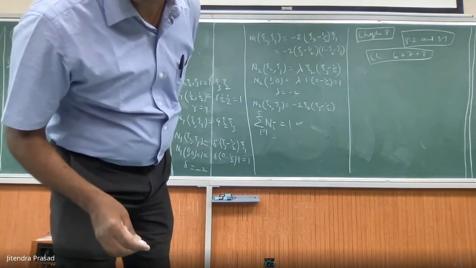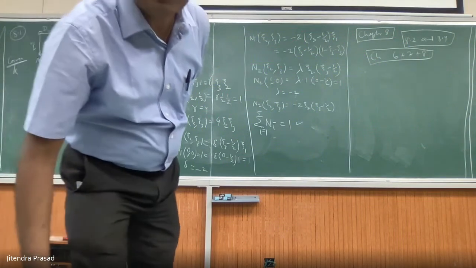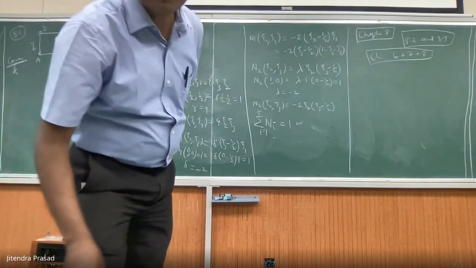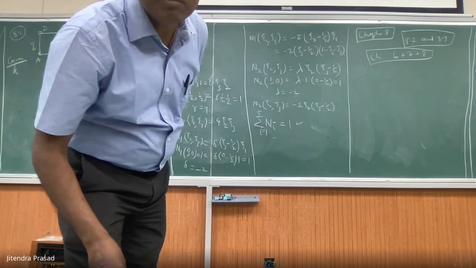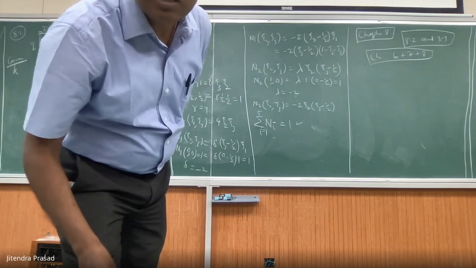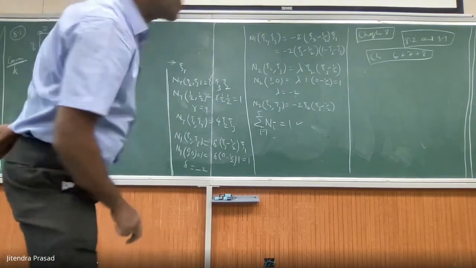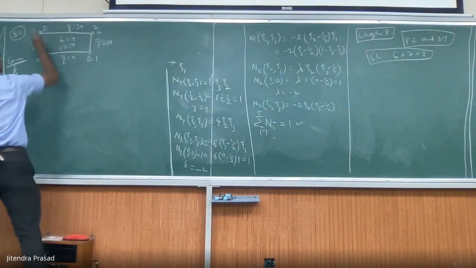Then find the nodal temperatures, nodal fluxes, evaluating the element matrices by Gauss quadrature. Use a single rectangular finite element with the node numbering shown in the figure. Node numbering is given as 1, 2, 3, 4.